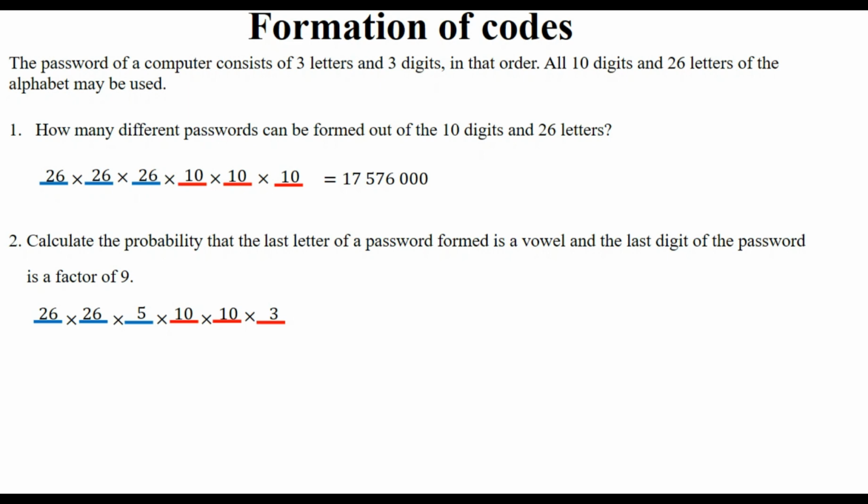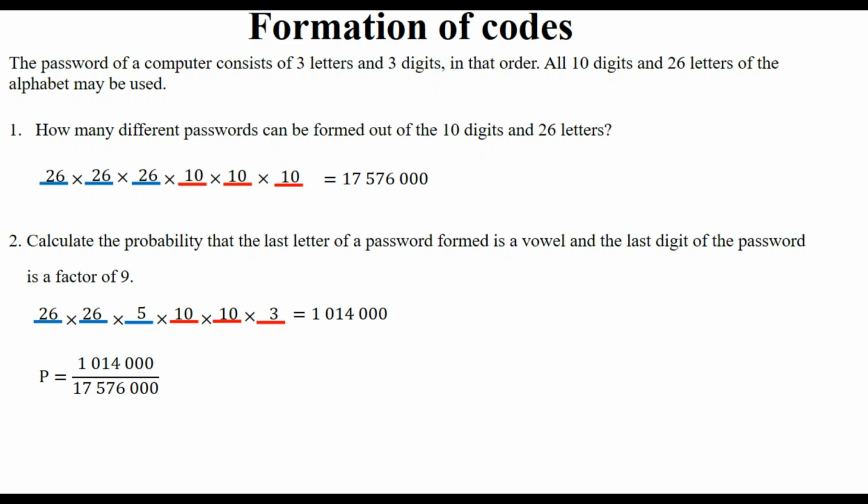So now what is the total number of passwords formed whereby the last letter is a vowel and the last digit of the password is a factor of 9? Then therefore there will be 1,014,000. That is the total number of passwords whereby the last letter is a vowel and the last digit is a factor of 9.